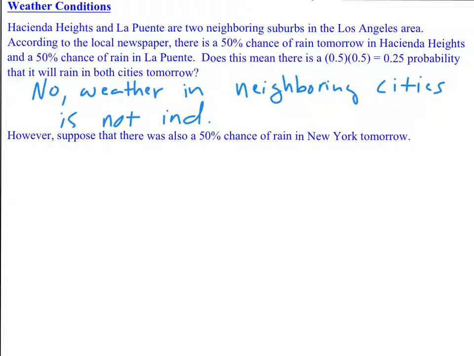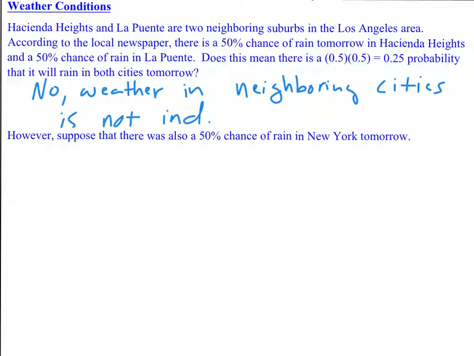The fact that they're that close together, if it was likely to rain in one of those cities, it's probably going to rain in the other, or at least there's a really good chance that it will. Independence means that if I told you the weather about one city, you're like, hey, that doesn't tell me anything about the weather in the other, okay?